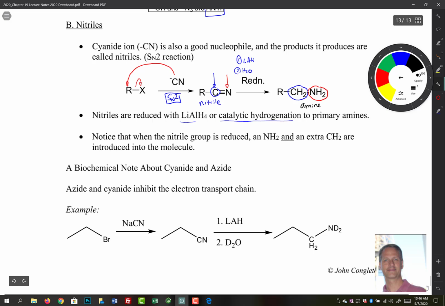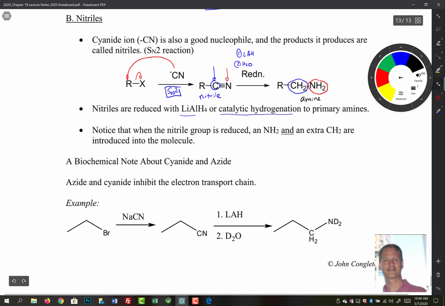Right, so if we look down below, sometimes you'll see reactions like this, and this helps us trace where the H's go from LAH, right, because you get a hydride there, and where the H's go from H2O. So this first step, pretty straightforward again, right, SN2 here.